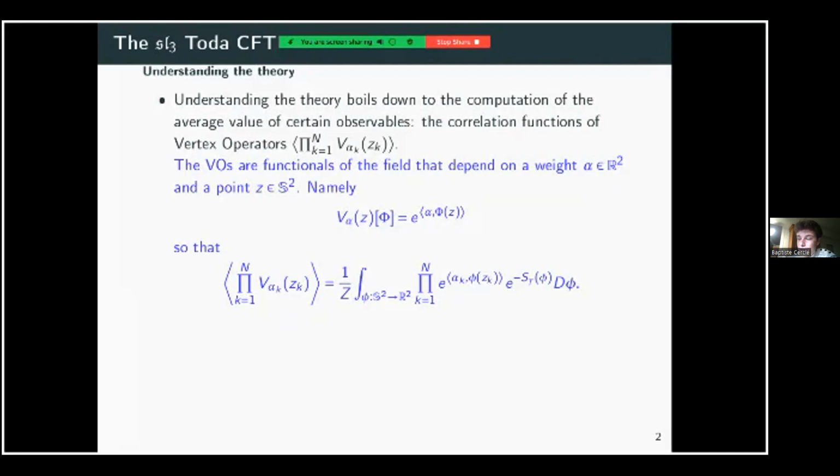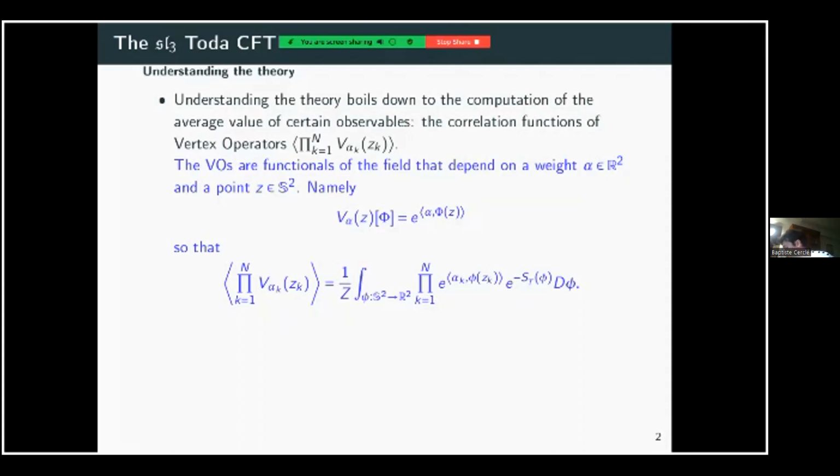So what are these correlation functions of vertex operators? They are just functionals of the field, a family of functionals indexed by a weight alpha, which belongs to this two-dimensional vector space R2, and also by the point z on the sphere. They are quite simple in the case of the Toda CFTs, just the exponential of the field scalar product with alpha.